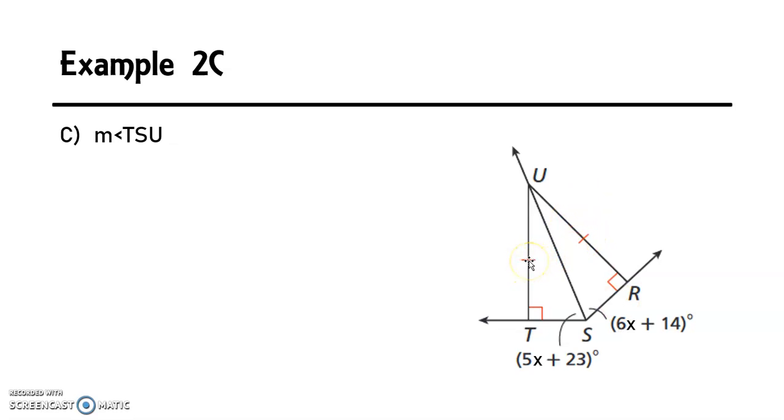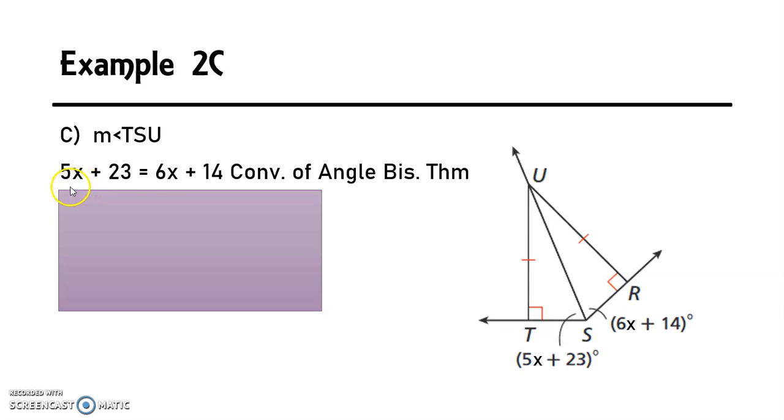Now, because these two are equal, we know that the angle is bisected. So this is the converse of the angle bisector theorem. And because the angle is bisected, I know that these two things are equal. So let's write an equation and note which theorem we used. So the equation I wrote is 5x plus 23 equals 6x plus 14. This is the converse of the angle bisector theorem.